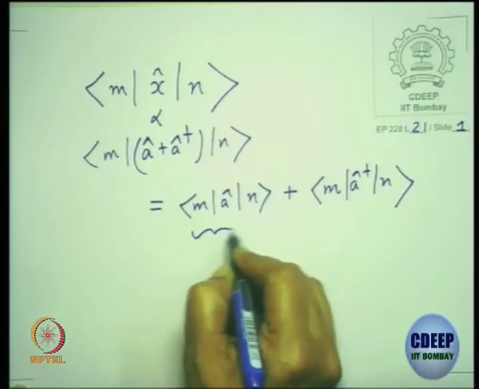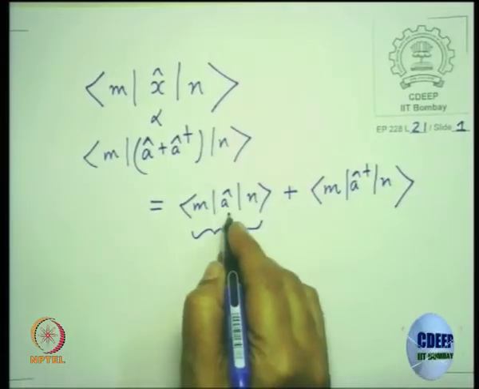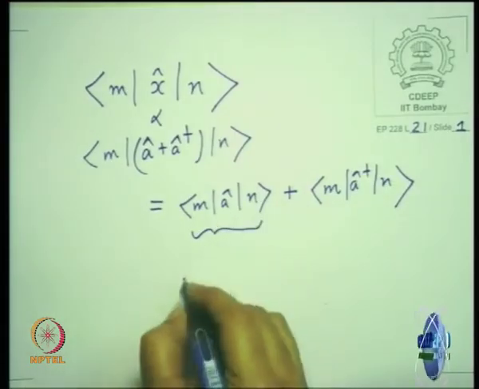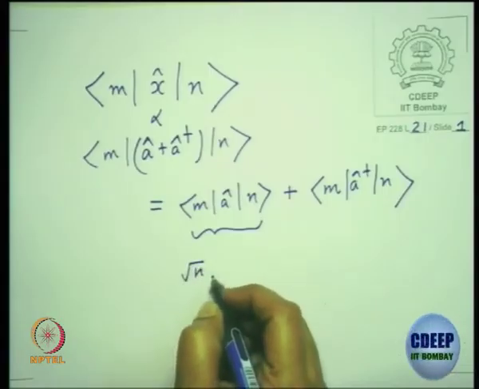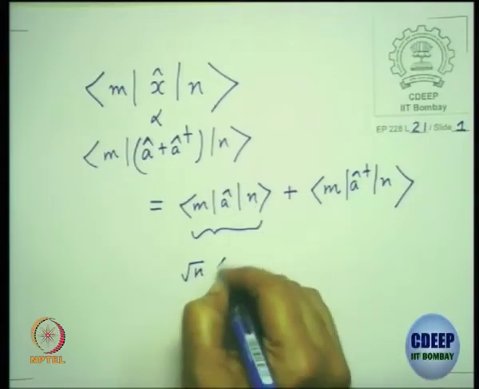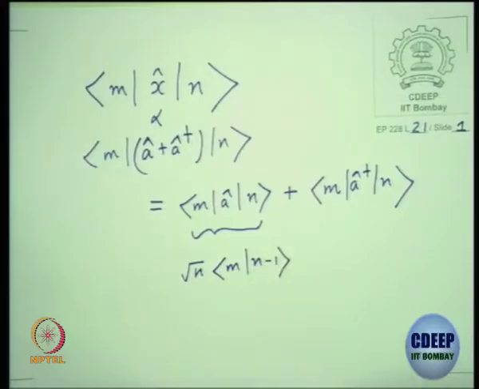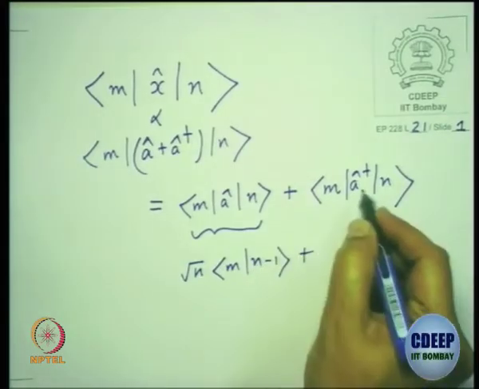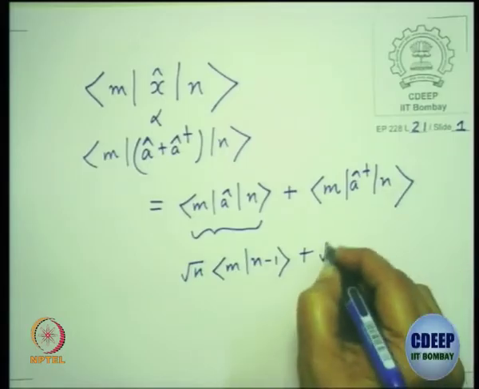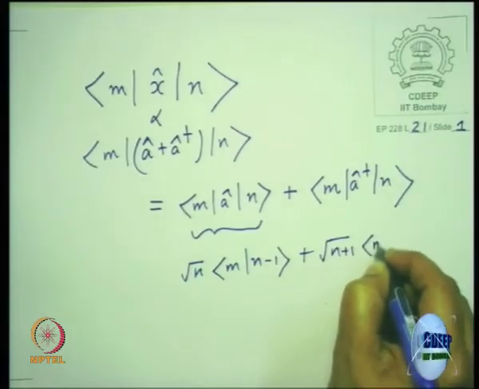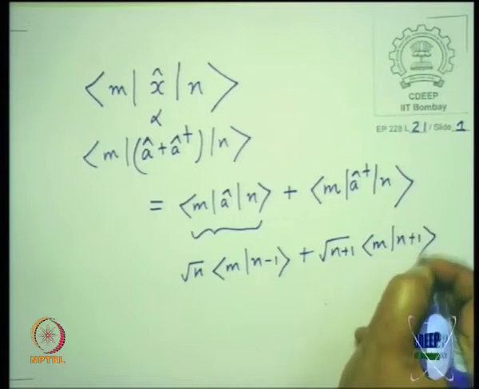What is this? A on n gives root n times n minus 1, so you have m with n minus 1, and a dagger on n gives root n plus 1 times m with n plus 1.